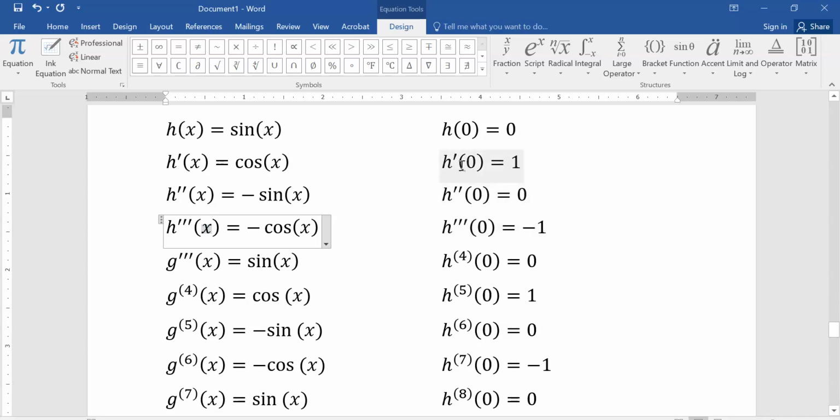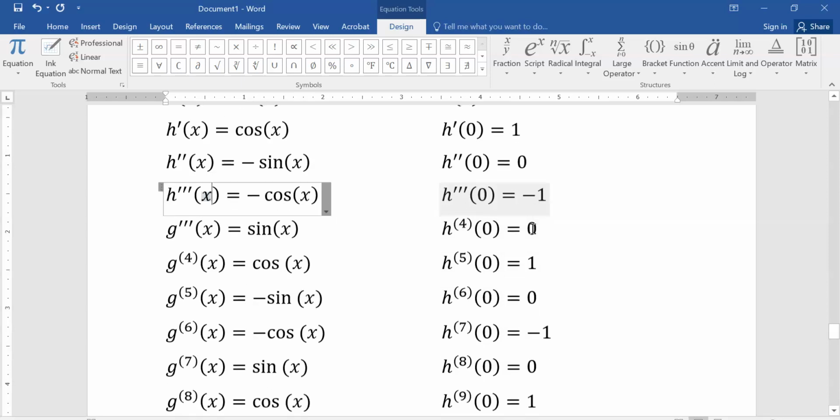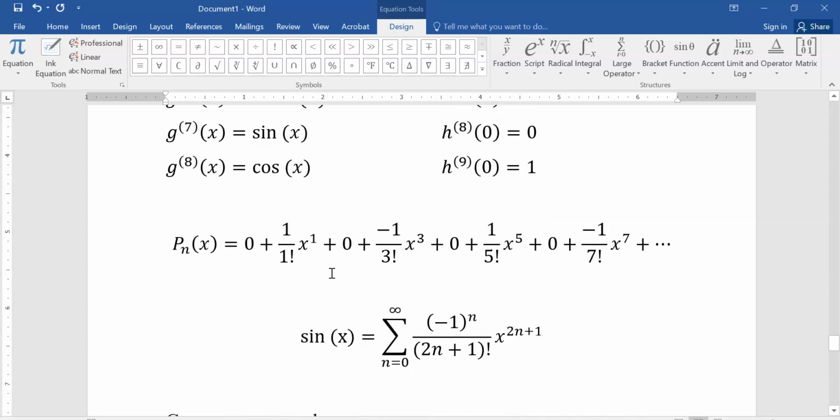In this case, it's the odd derivatives that are giving you the 1s and -1s, and the even derivatives which are giving you the 0s. So what we're going to end up with in the Taylor polynomial is something that starts at 0, and then we're going to get odd exponents. So 1 over 1 factorial x to the first.